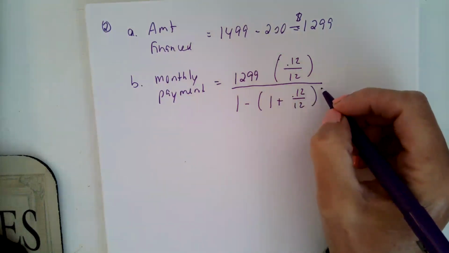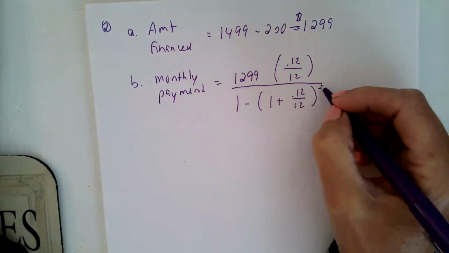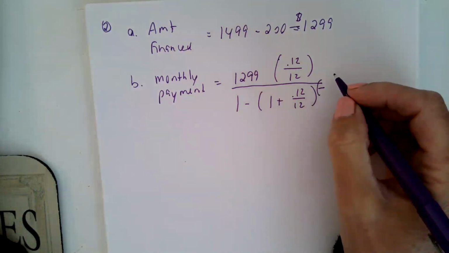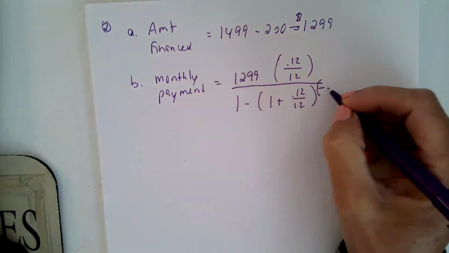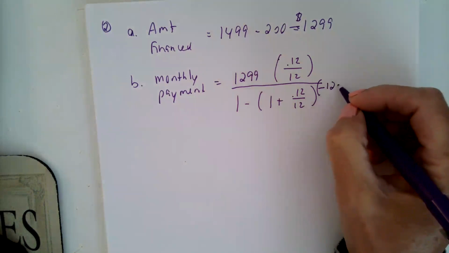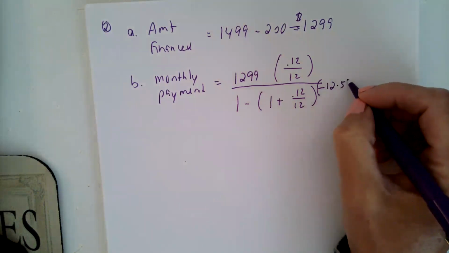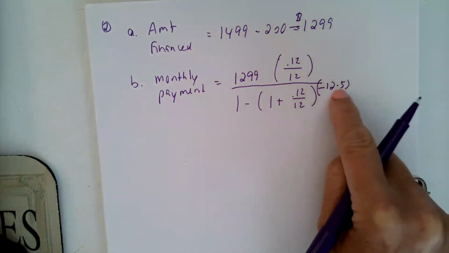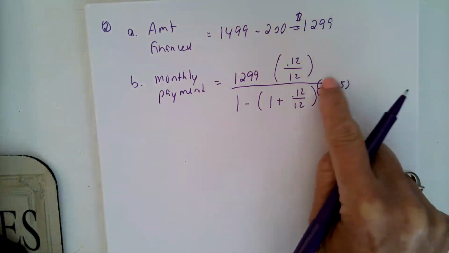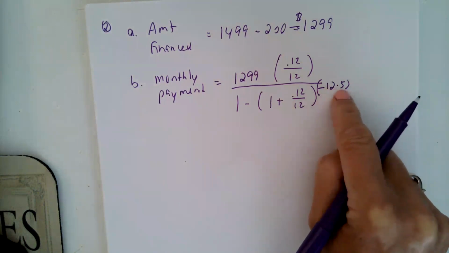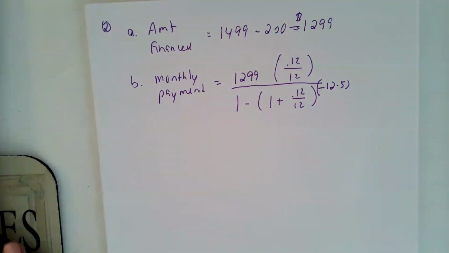And then N is to the negative, the total number of payments. So this is going to be a negative 12 monthly payments times the total number of years, which was 5 years. So make sure that this represents the total number of payments made. So we have to do 12 monthly payments times 5. So let's go ahead and go back to Desmos to calculate this.